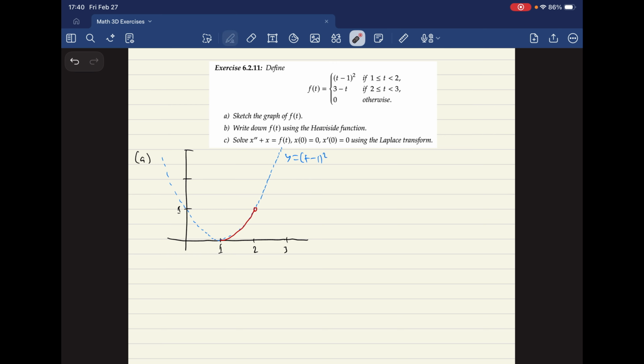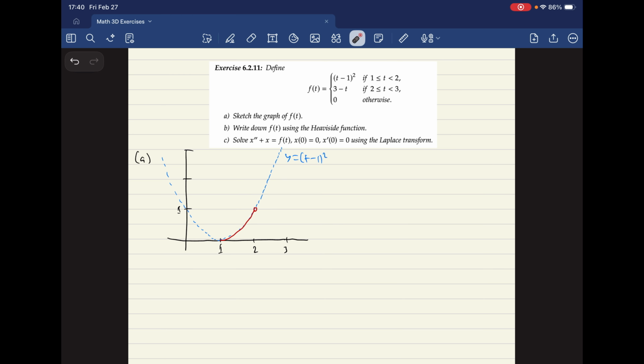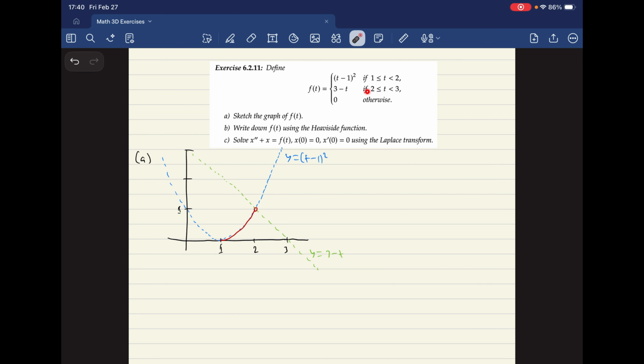Okay. Now let me move on to the next function. It's 3 minus t. This one has a graph that looks like this. For this one, I only care about the portion of the graph from 2 to 3.